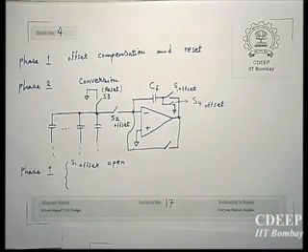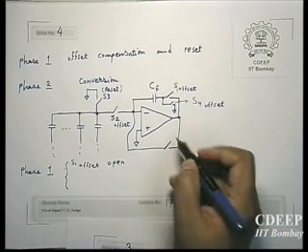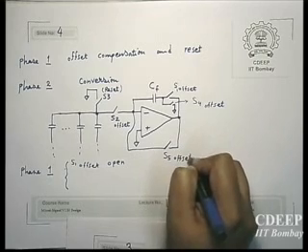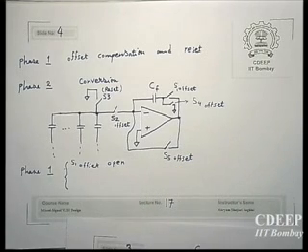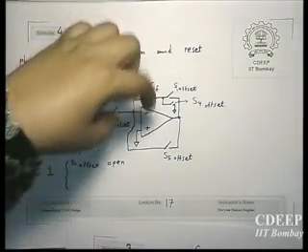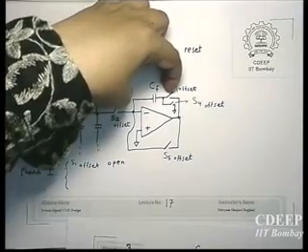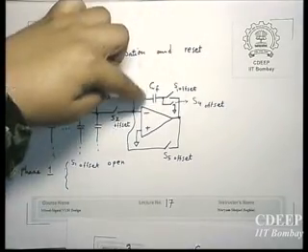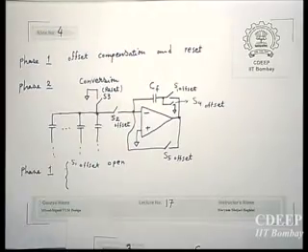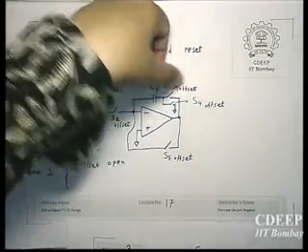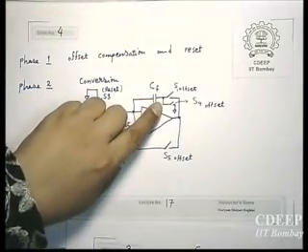So I tell you one thing else also can be done. S5 offset. Actually, one thing you can do, you can remove S1 and S4 for offset. The reason is because now you will be able to discharge CF completely. However, if you do that, then you won't be able to store offset on CF. The reason we put this S1 and S4 is to connect CF to ground.